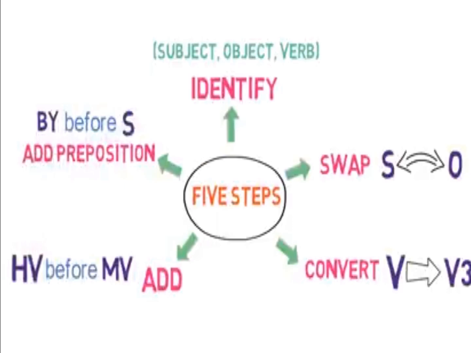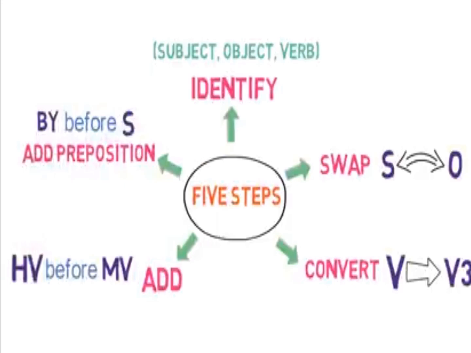So first of all, what do we have to identify? The first thing which we have to identify is subject, object, and verb in the sentence. Now, when we have identified all these 3 things, here you might think why ma'am has written subject, object, and verb.